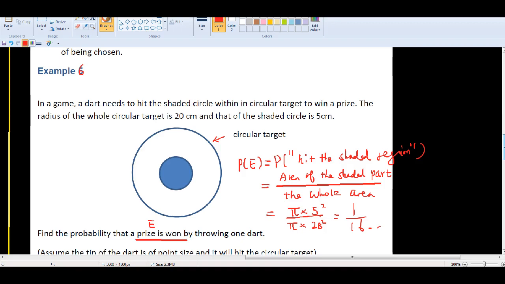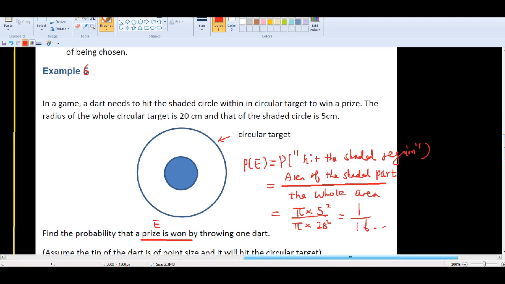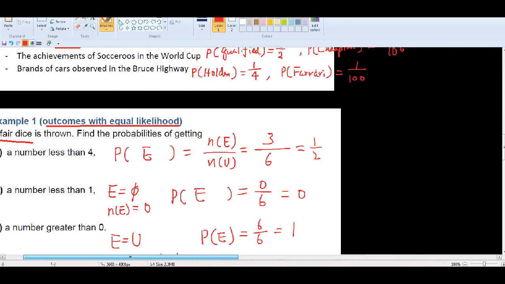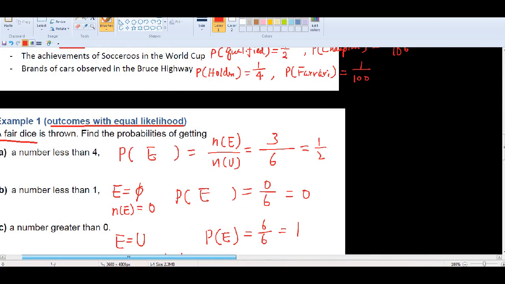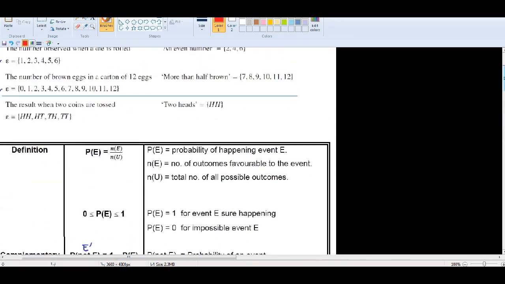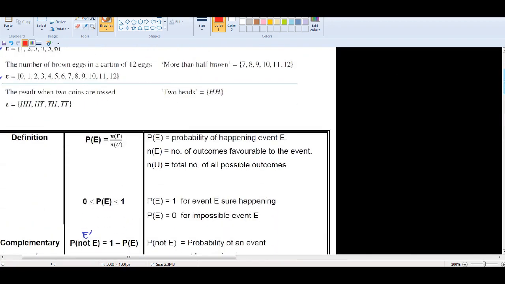Alright? So basically in this video, I just reviewed some concepts about simple probability calculation by using the ratio between two numbers. The number on the numerator should be the number of elements in the event.